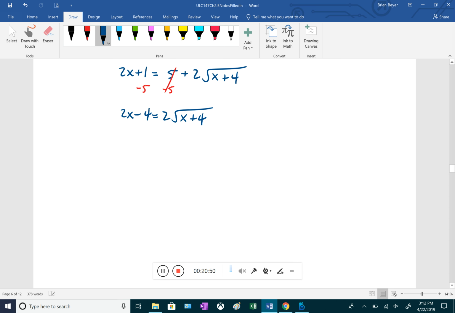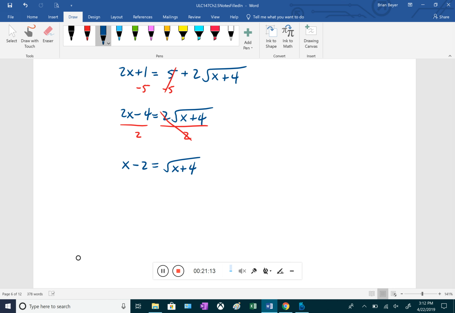So almost done. Now we have to divide both sides by that 2. So we divide both of those terms by 2. 2x divided by 2 equals x. And 4 divided by 2 equals 2. So it's x minus 2 equals the square root of x plus 4.